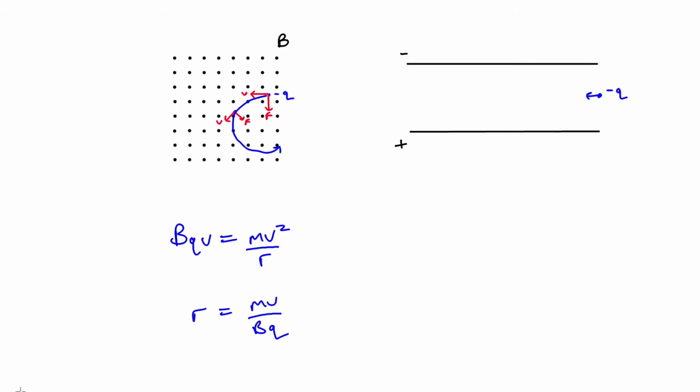In this particular case, the direction of the electric field is upwards, but of course the direction of an electric field is the direction of the force on a positive charge. Here we have a negatively charged particle, so it's going to experience a force which is downwards. So here we can indicate the force on that electron initially is going to be downwards, which means to begin with the path of the electron is going to be similar.